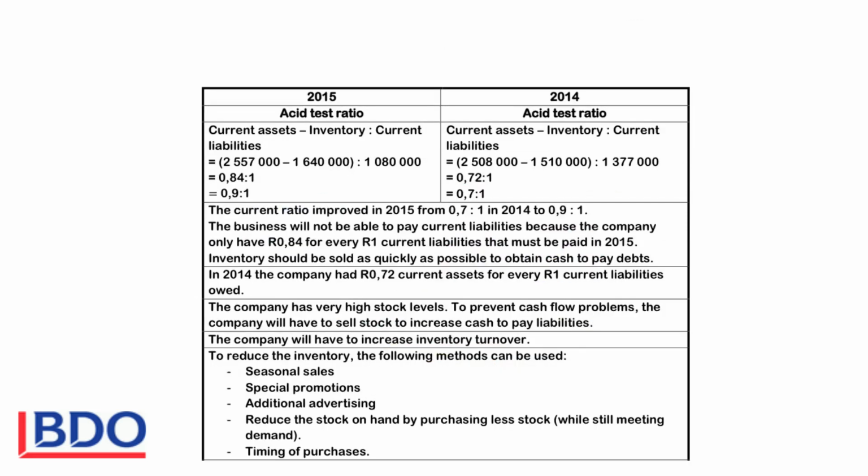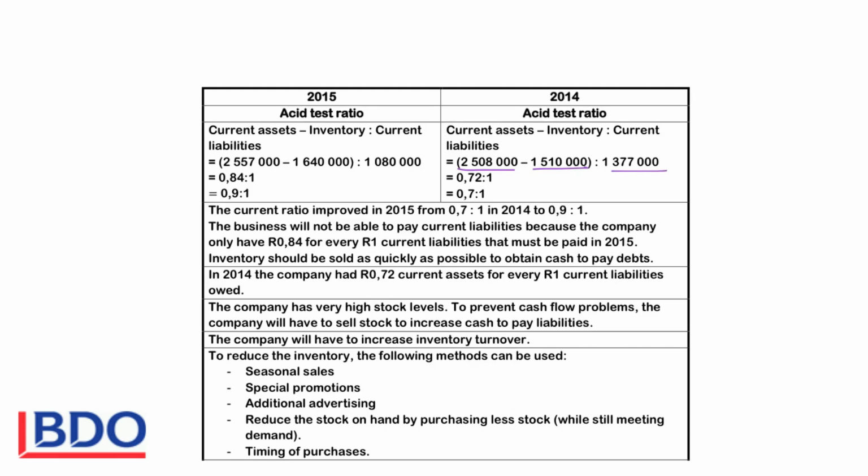We will now calculate the acid test ratio. In 2014, we will take the total current assets and subtract the inventory that's available at the end of the year, and we will take the reduced amount and compare it with our current liabilities. And what do we see now?